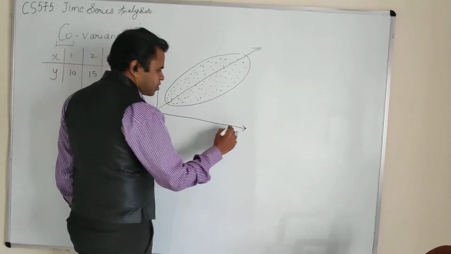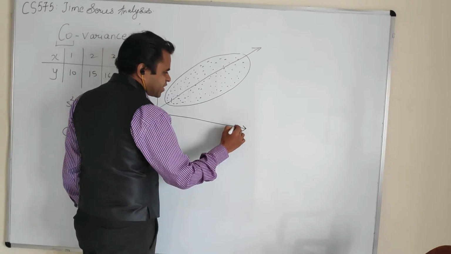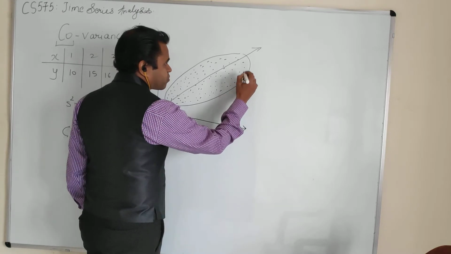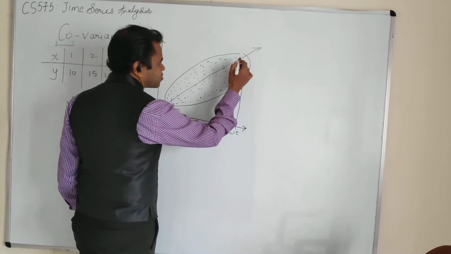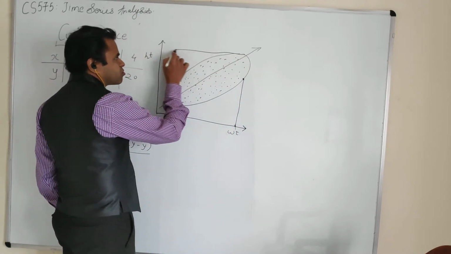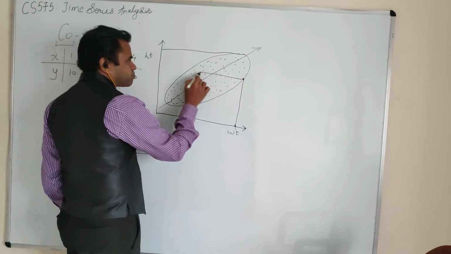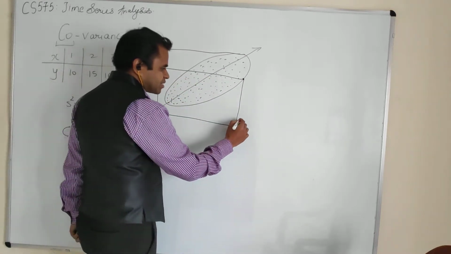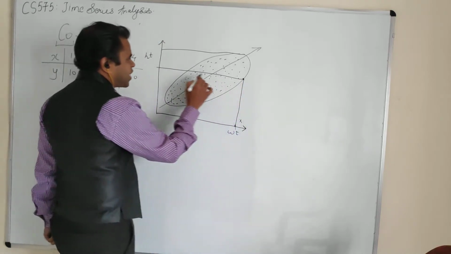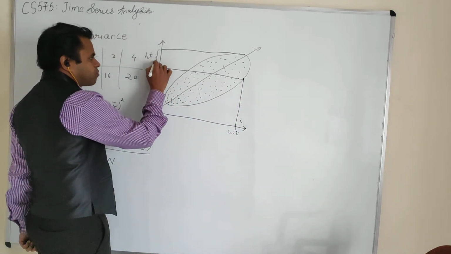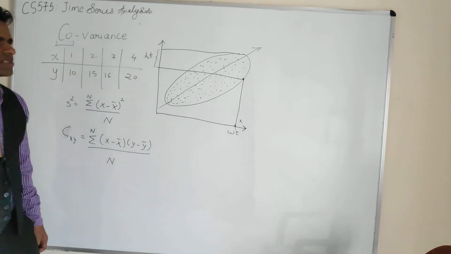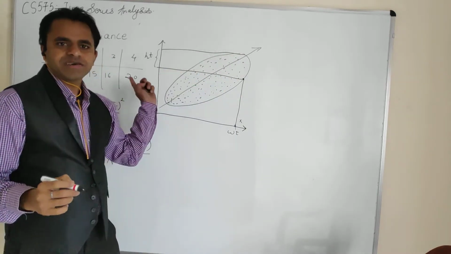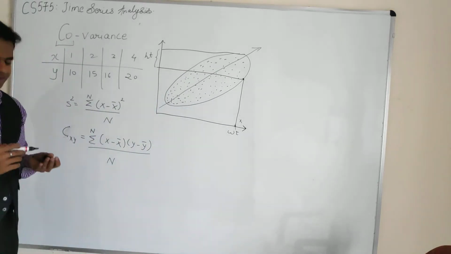So for example, if I take this particular weight, let us say this is a weight x, the height of the individual will be between these units, right? So I just draw a straight line and I take the markings on the y-axis.